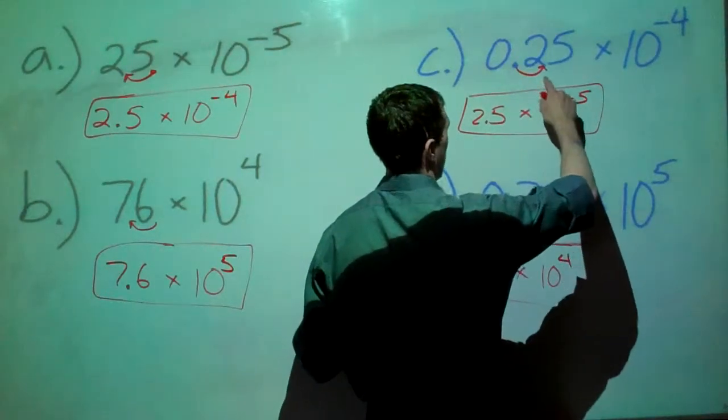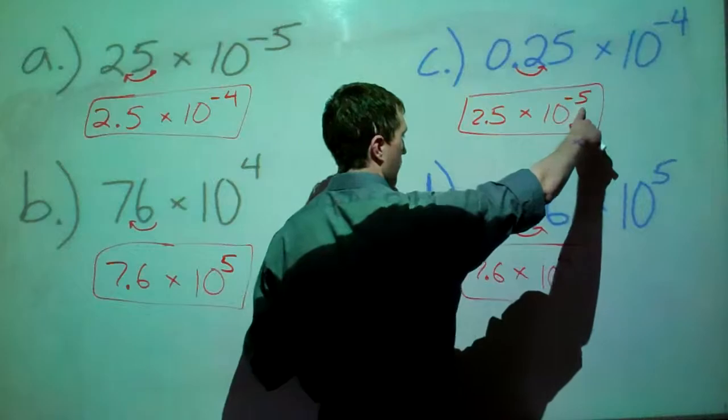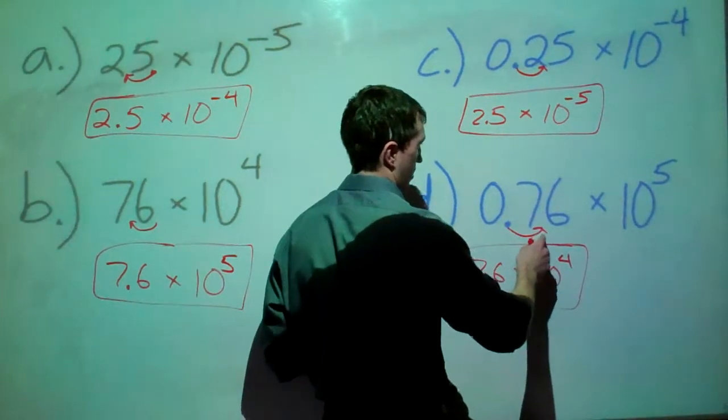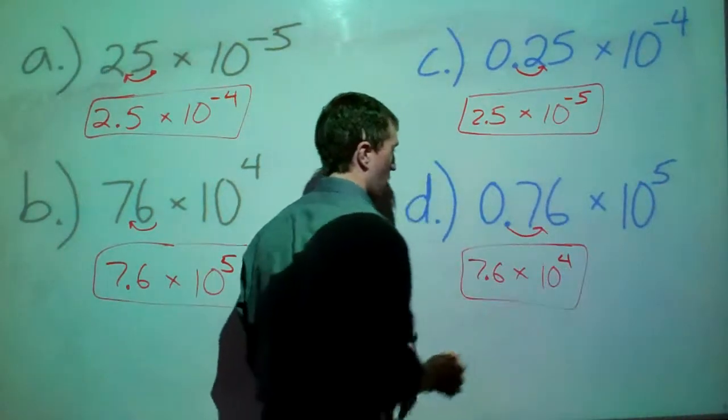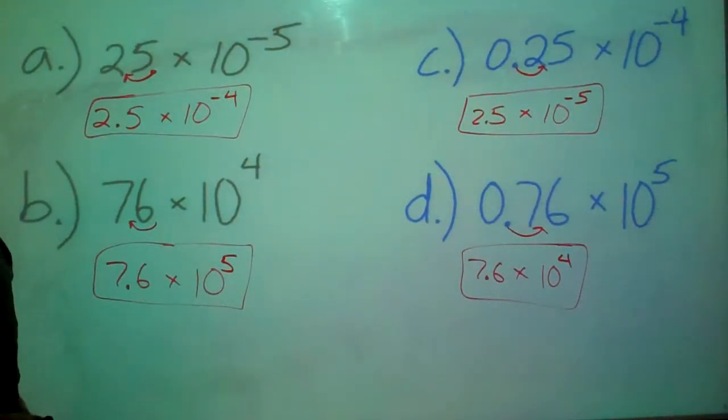So move it to the right once. Negative 4 minus 1 is a negative 5. Move it 1 spot to the right. 5 minus 1 is 4. So if you move it to the right, you are subtracting to get to the proper scientific notation. If you move it to the left, you will be adding however many spots to get it to the proper scientific notation.